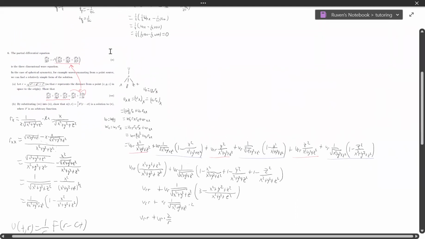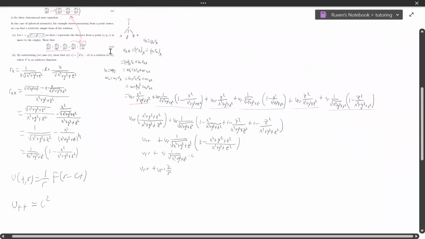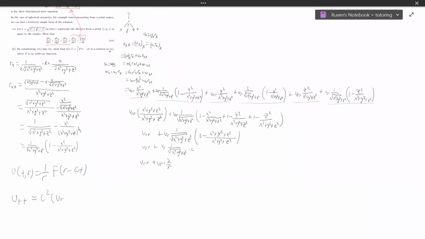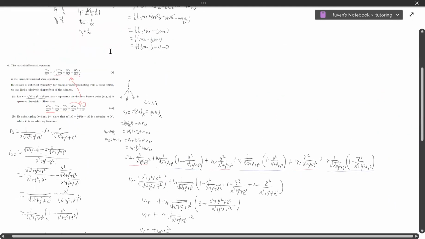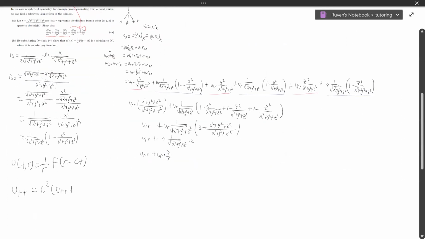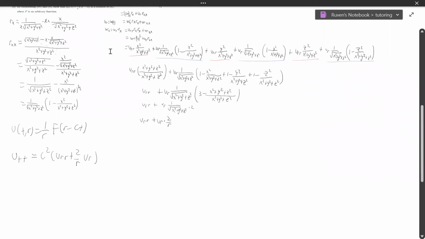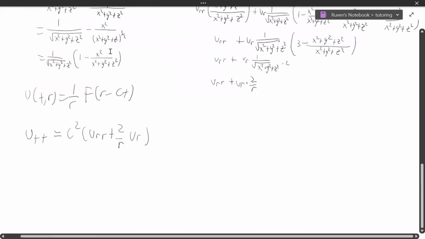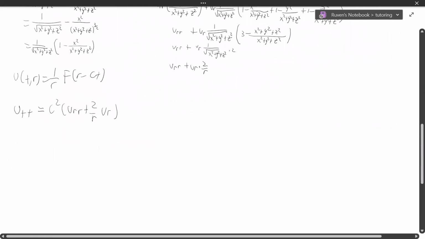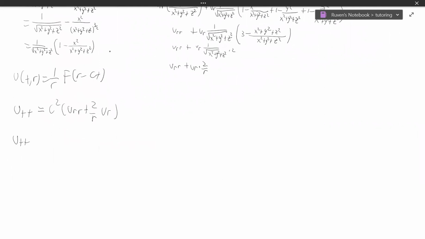c squared times U_RR plus 2 over r U_R. I could have literally read it from here. So now what we can see is that if we go u_tt, we can bring this over to the other side.